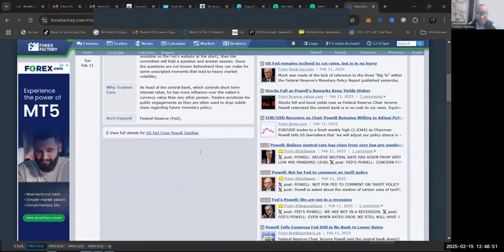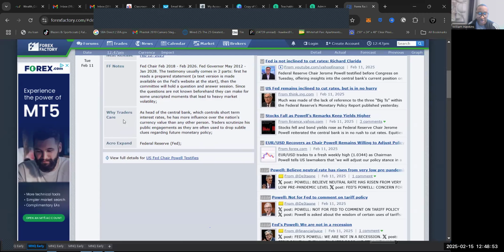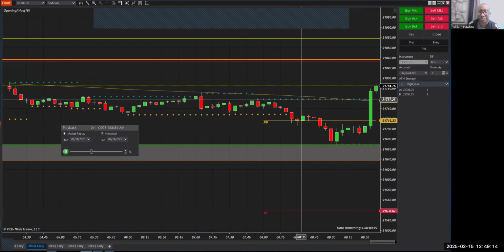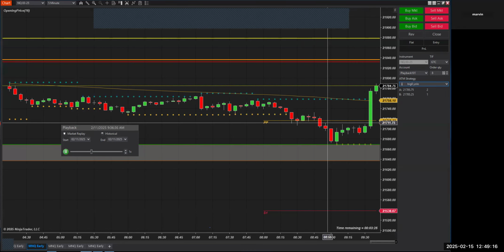They even tell you why we should care: they're often used to drop subtle clues regarding future monetary policy. So that's why when he talks, the market starts going crazy sometimes, because he's dropping clues to his buddies so they know how to make billions. We're not on his buddy list, so we don't trade that time.